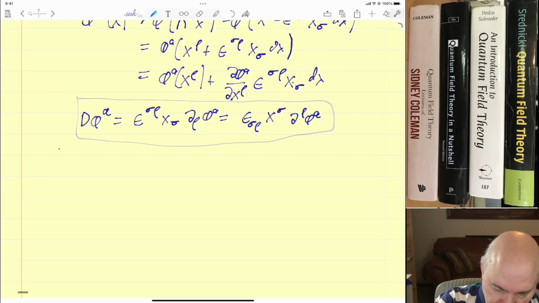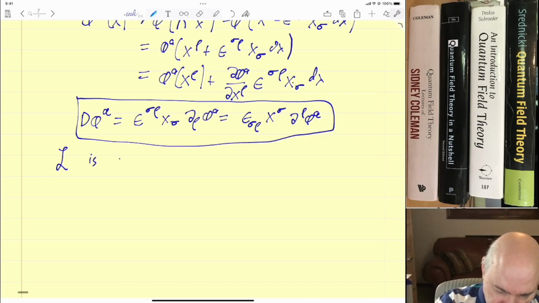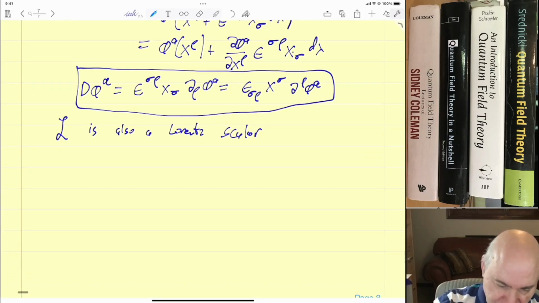And we also have that the Lagrangian, we always assume, is also a Lorentz scalar. It's built out of scalar fields, but it itself is also a scalar. So we can think of φ_A as being just L, and we get dL is the partial of μ. I'm sorry, I'm skipping a step here.